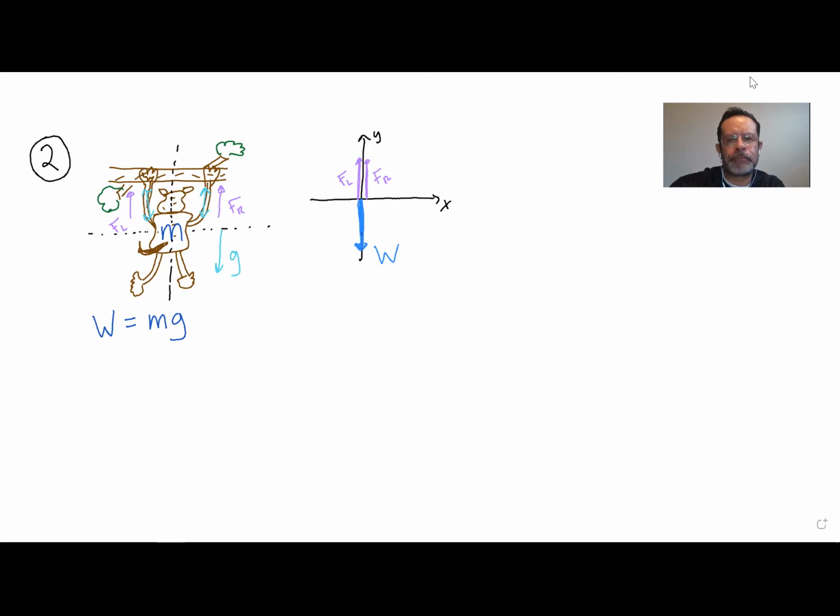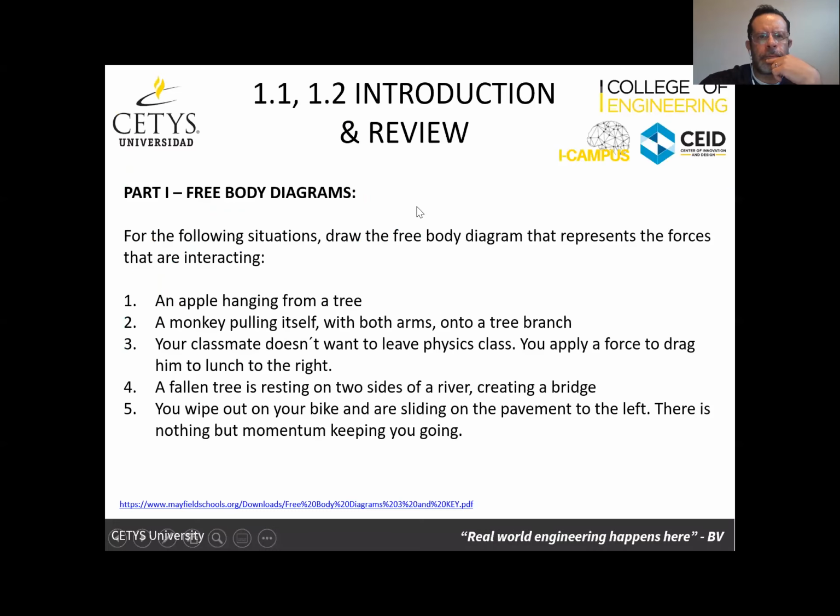Now let's go to situation number 4. I don't want to close this, so I hope it doesn't get closed. Okay, so now let's look at situation number 4. A fallen tree is resting on two sides of a river, creating a bridge.